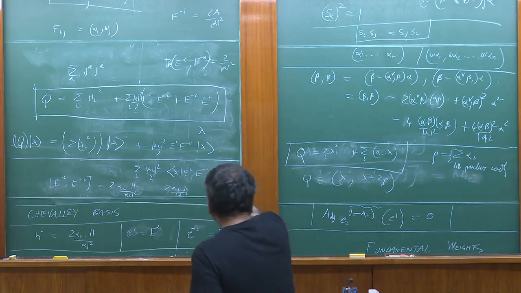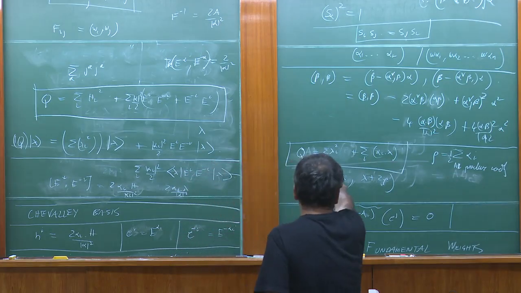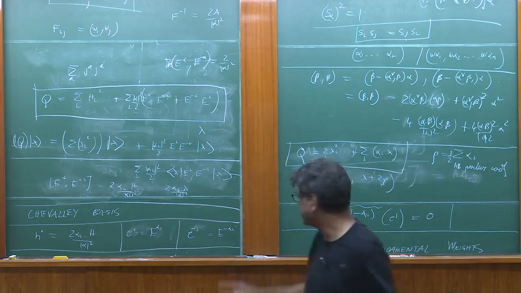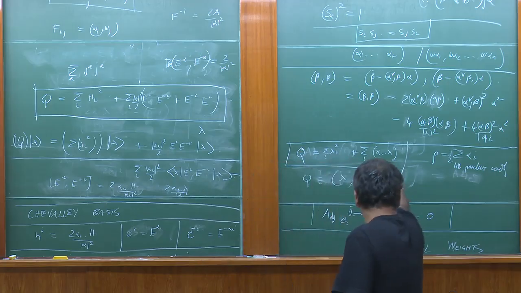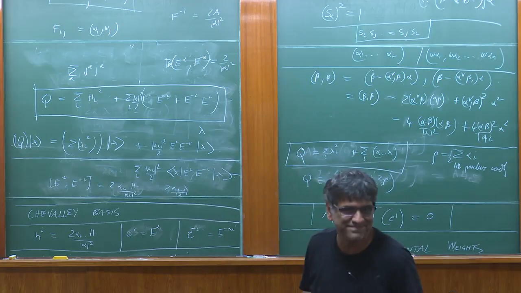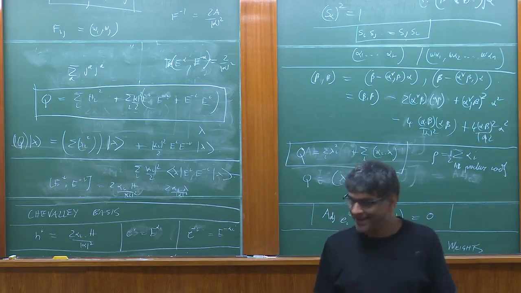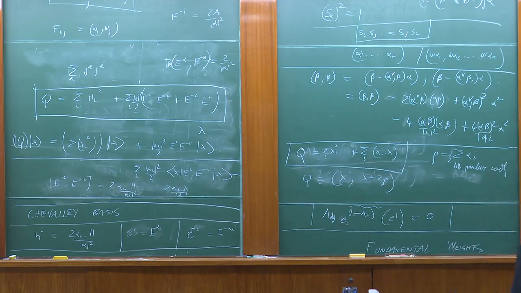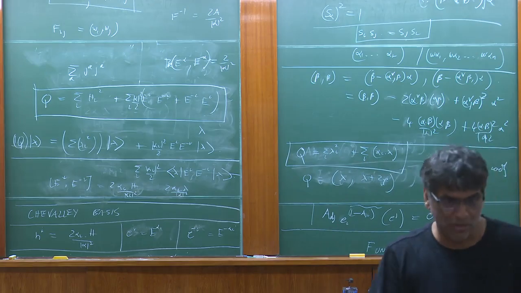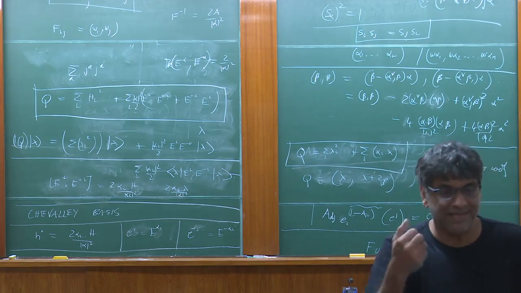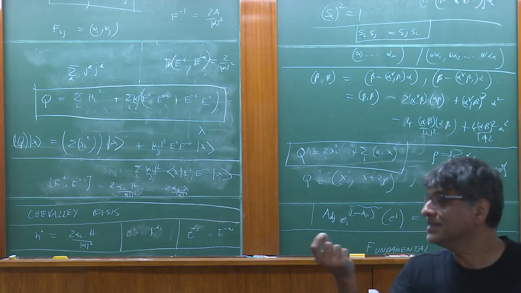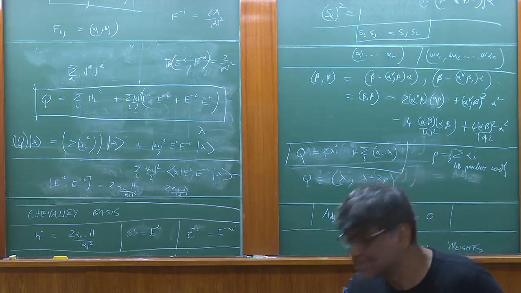The j squared is that sum over lambda I squared, and the j is the lambda dot alpha. So every state in the representation has Casimir j into j plus 1, where j is the weight of the highest weight state.